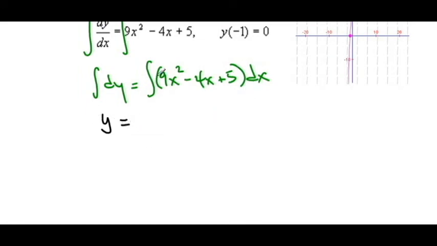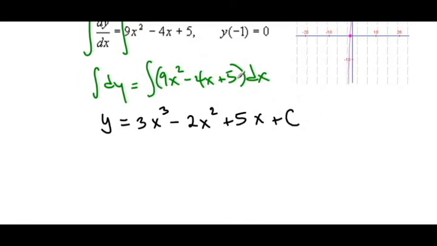And this is equal to the antiderivative of 9x squared, which is 3x cubed, minus, here we have 2x squared, plus 5x, and then of course here is our plus c. Now the c denotes that there are an infinite number of solutions that will yield this particular derivative, because the derivative of c is 0. They'll just go away when you take the derivative of that.